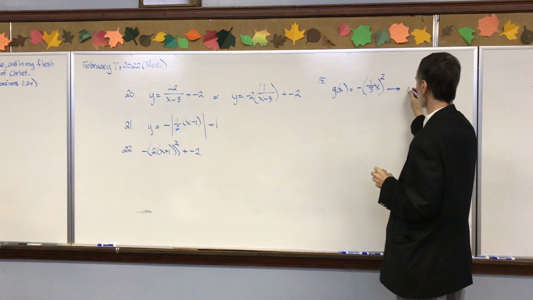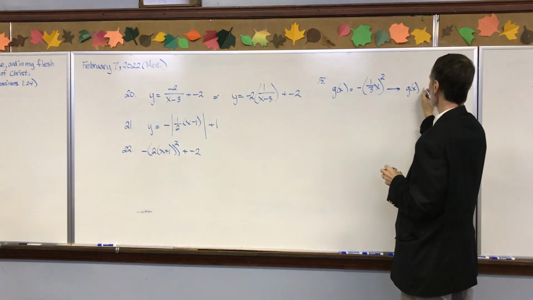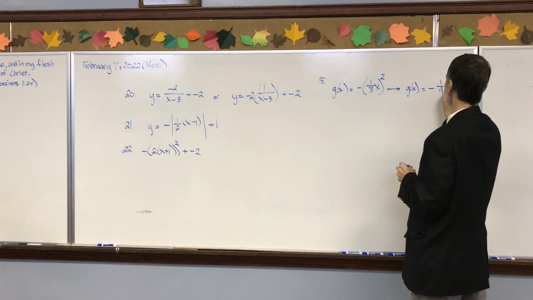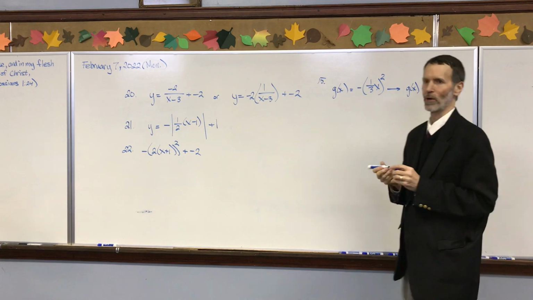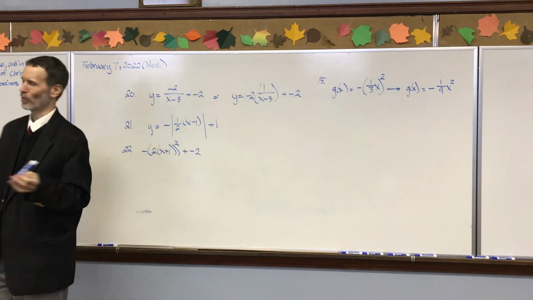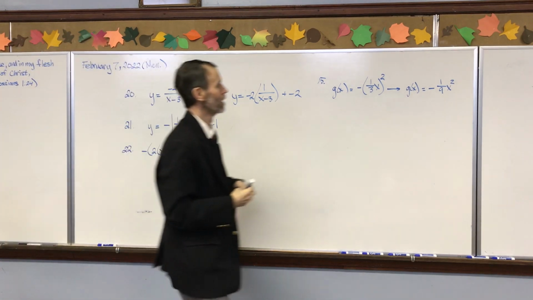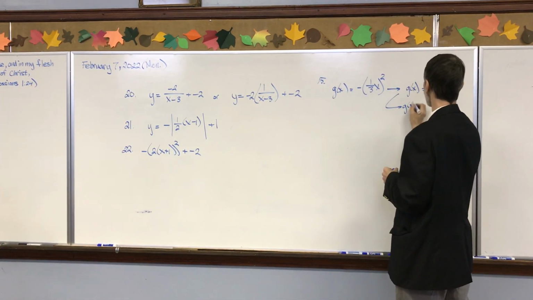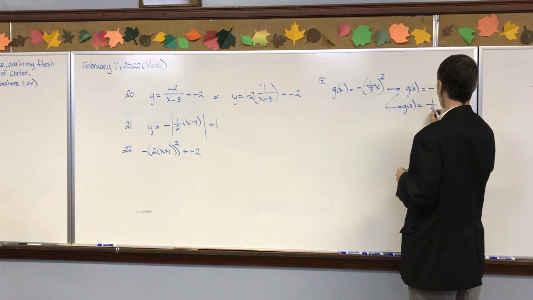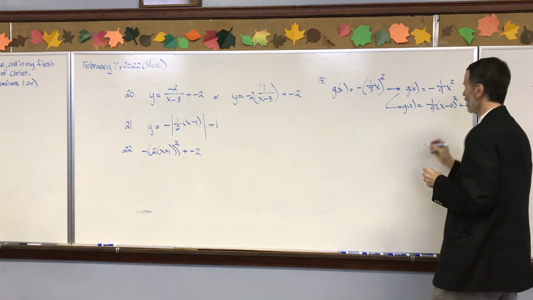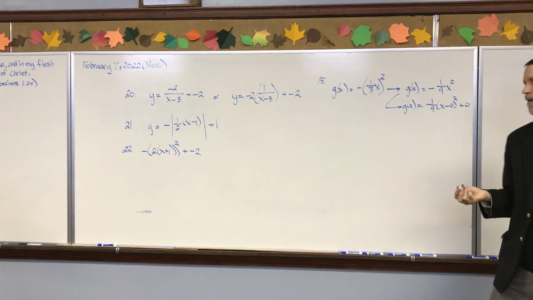Here's what it really looks like. G of x equals, the negative stays put, 1/9 x squared. Does that make sense? 1/3 x times 1/3 x is 1/9 x squared. And if you put this in vertex form, it's negative 1/9 parentheses x minus 0 squared plus 0. In other words, the vertex is 0, 0.